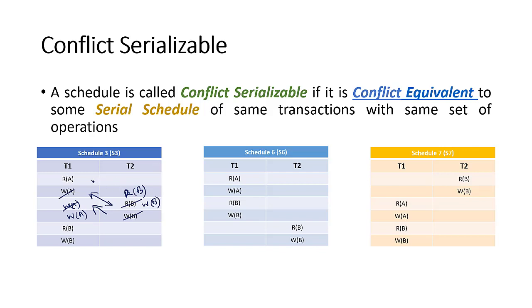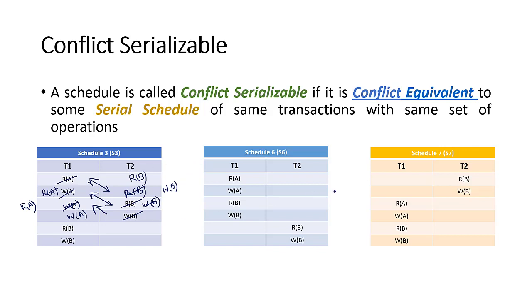So we can write, and finally these and these are non-conflicting operations. So we can swap them, and finally we can write. So we can see that the schedule 3 is equivalent to schedule 7, which is a serial schedule.